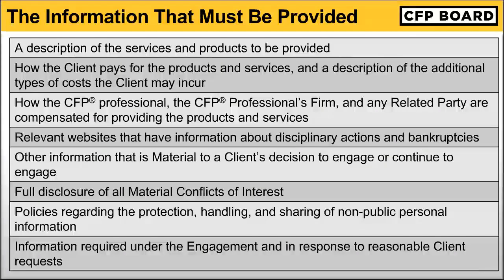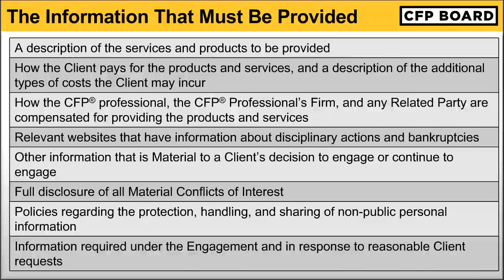So what has to be provided? This is simply a list: a description of the services and products, how the client pays, and a description of the additional types of costs they may incur. The flip side of that is how the CFP professional, the firm, and related parties are compensated for providing the products and services. I mentioned a second ago the relevant websites that have information about discipline or bankruptcy.